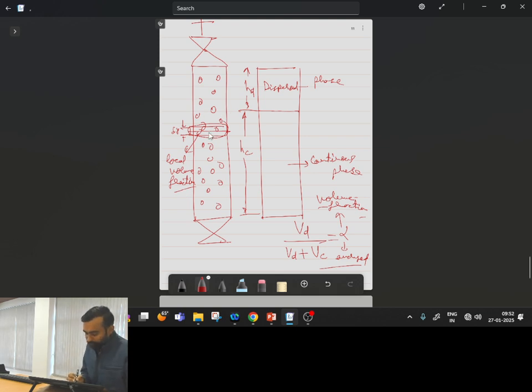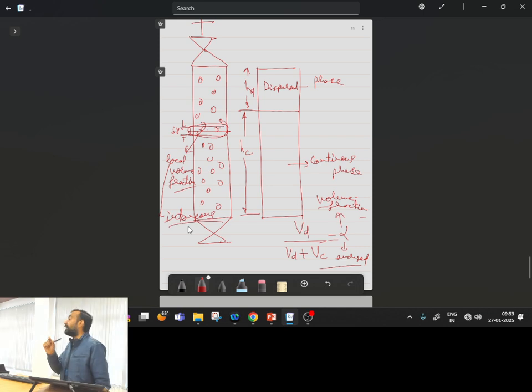At one point of time across this control volume there can be 3 bubbles, but at some other point of time there can be only 2 bubbles. At some time there cannot be even a single bubble. So along with local, this will also be instantaneous, because if you change the time, then also in this infinitely small volume your volume fraction can change. Okay, so this is my local instantaneous volume fraction.